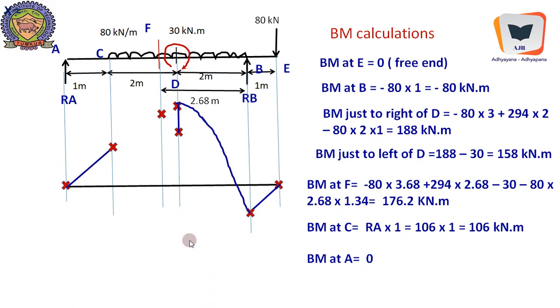So this is connected, and from here till here it should be UDL, therefore it is a parabolic variation, and from here till here it's once again a parabolic variation, because there is UDL acting.